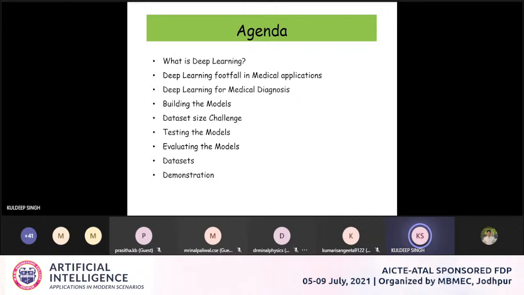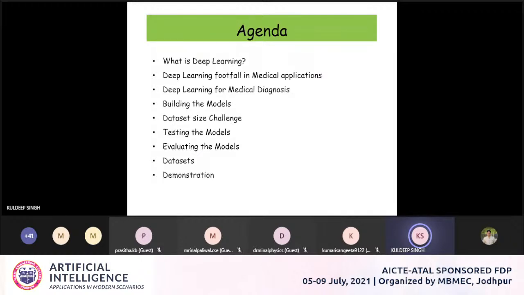Then we will talk about the footfall of different deep learning algorithms in medical applications and medical diagnosis. We will discuss the practical aspects. How do we build the models? What are the different challenges associated with training and building the models? How do we test and evaluate the trained models?